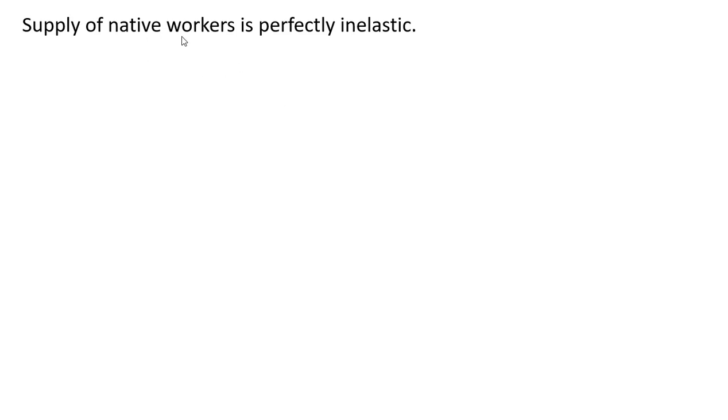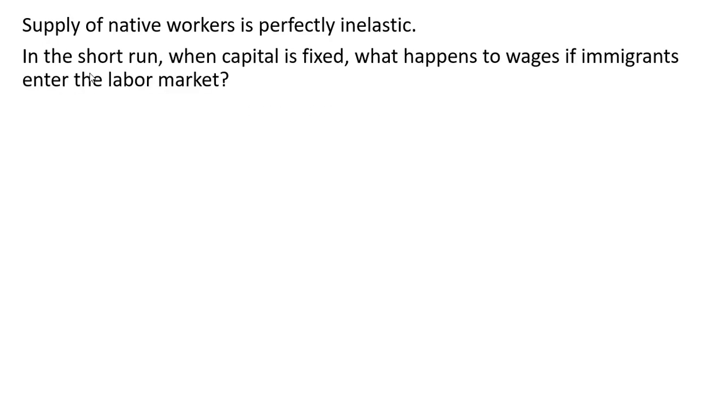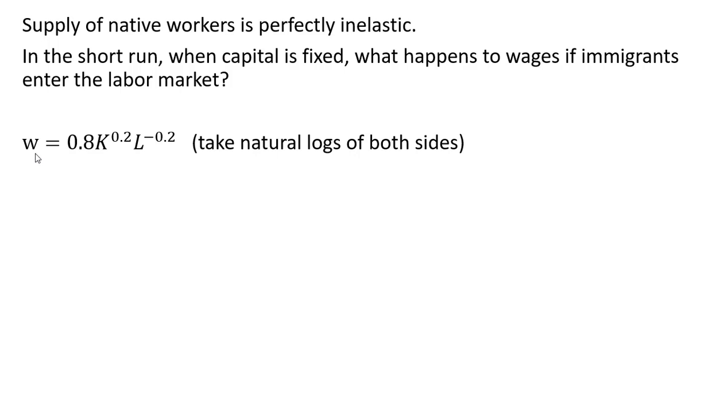And we're going to assume that the supply of native workers is perfectly inelastic. The supply curve is vertical, in other words. And in the short run, when capital is fixed, what happens to wages if immigrants enter the labor market? So we're going to take our condition from the last slide. I'm going to take the natural logs of both sides. So we get something like this.